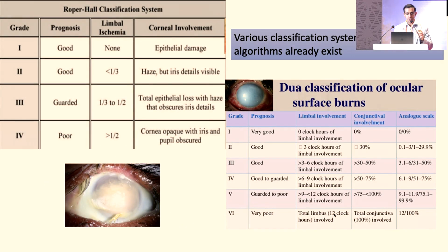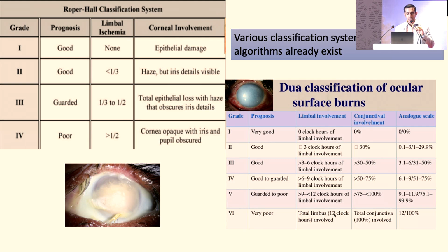So we had the traditional Roper Hall classification, which talked about corneal involvement and limbal ischemia. It's classified as grade 1, 2, 3, and 4, with 3 having a guarded prognosis and 4 a poor prognosis, where the cornea becomes opaque and the iris and pupil details are obscured, with greater than half the limbus involved in terms of limbal ischemia.